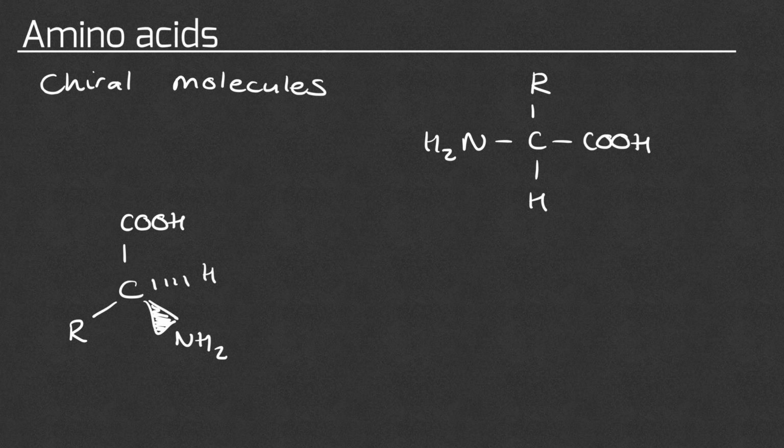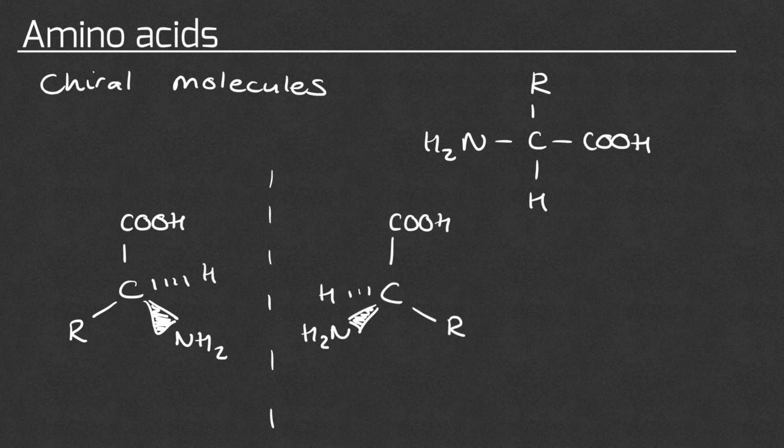And we can draw both enantiomers by drawing the amino acid out in a tetrahedral structure, adding in a mirror line, and drawing the mirror image of that amino acid to show both enantiomers.